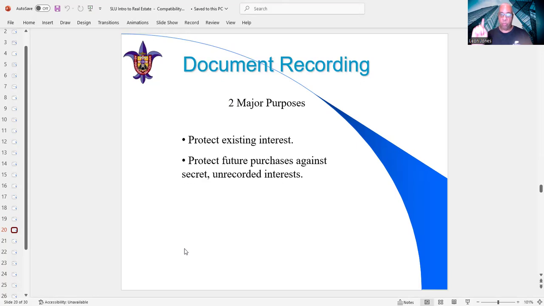Document recording has two major purposes: protect existing interest and protect future purchases against secret and unrecorded interests.